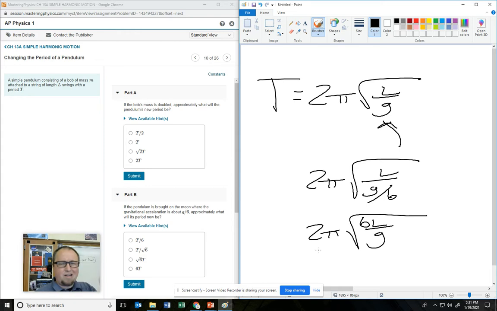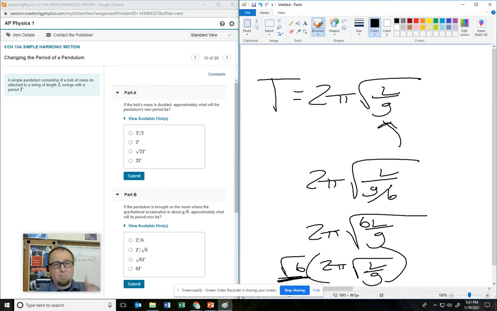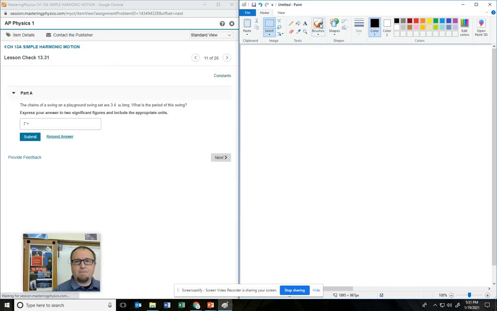So I could factor that out and get 2 pi square root of L over g. This is what I started with, but by going to the moon, my period got bigger by the square root of 6. So my old period was just T, my new period is square root of 6 T.